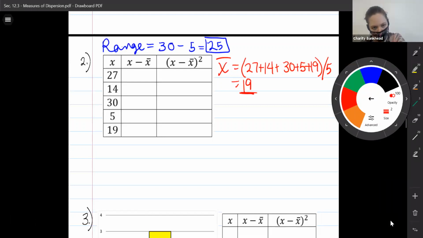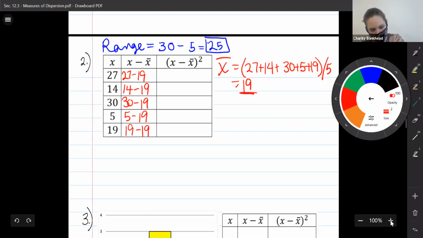So 27 minus 19, 14 minus 19, 30 minus 19, 5 minus 19, and 19 minus 19. All right, so that equals 8, negative 5, 11, negative 14, and 0.